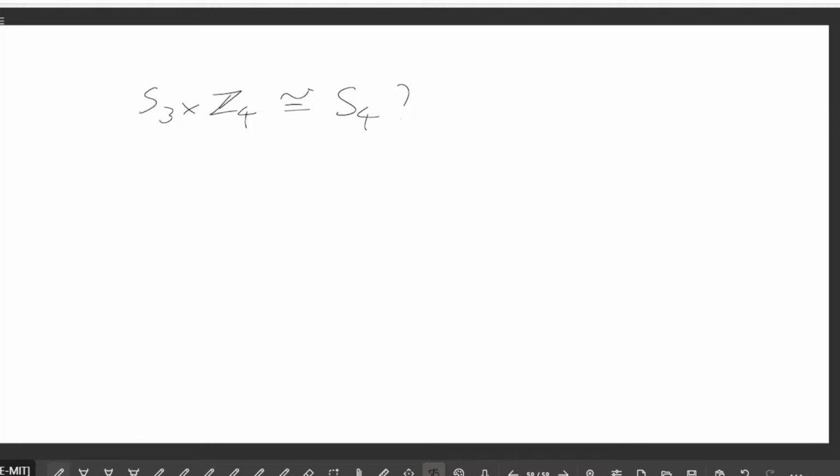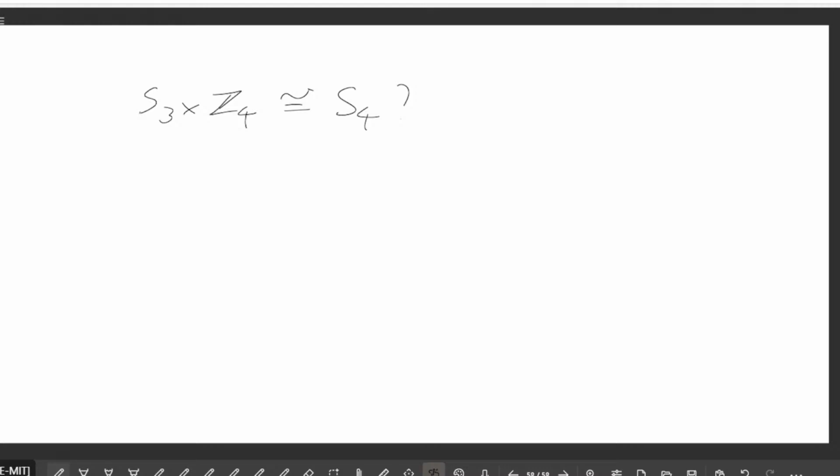Do you have anything using homomorphism? Same order is one thing, but it's not enough. Using what you already saw before, subgroups.